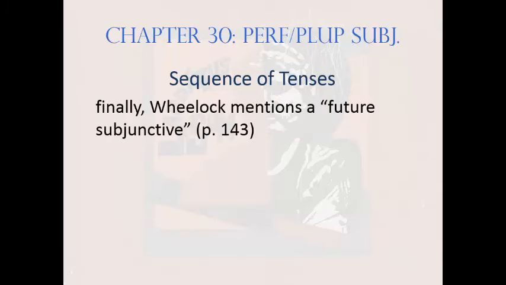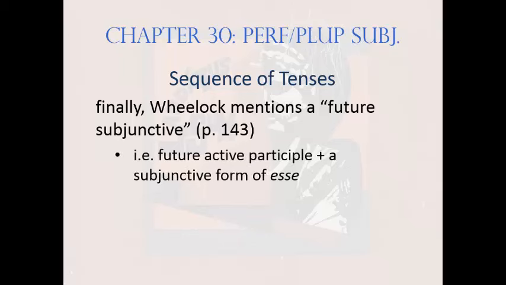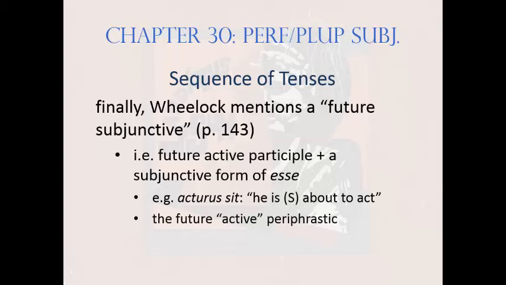Finally, we need to clarify one other thing in this chapter. On page 143, Mr. Wheelock mentions that Latin has a future subjunctive, composed of the future active participle plus a subjunctive form of esse. For instance, auctorus sit, meaning he is subjunctively about to act. What is that?